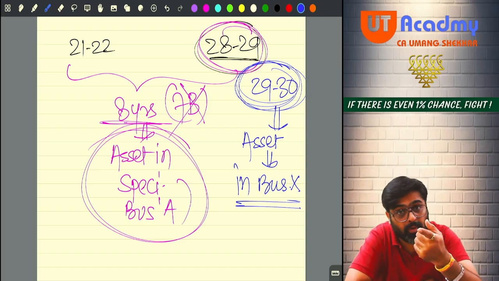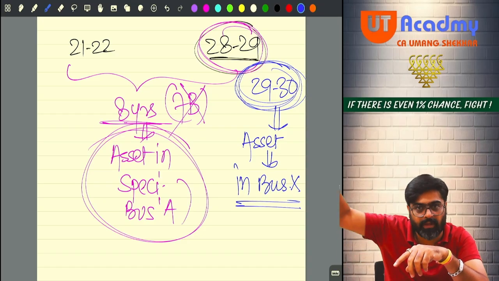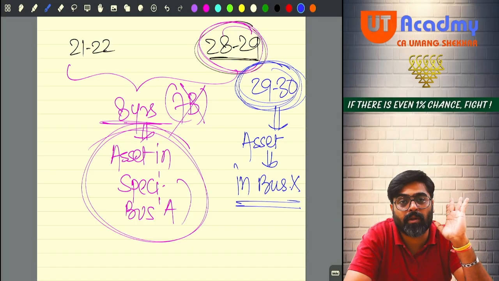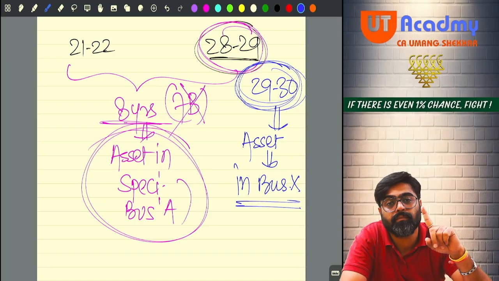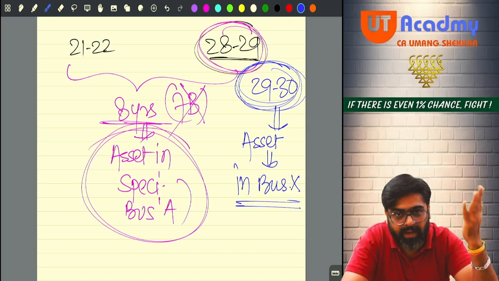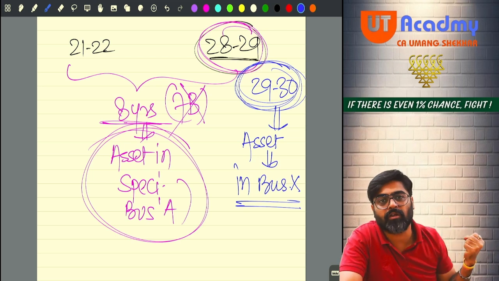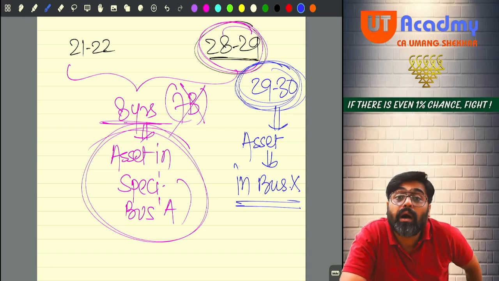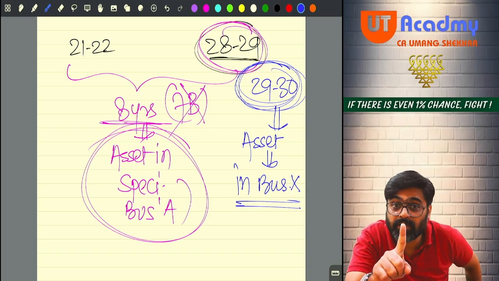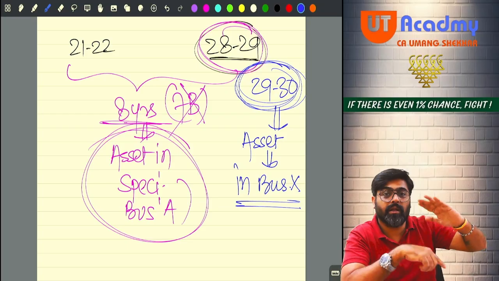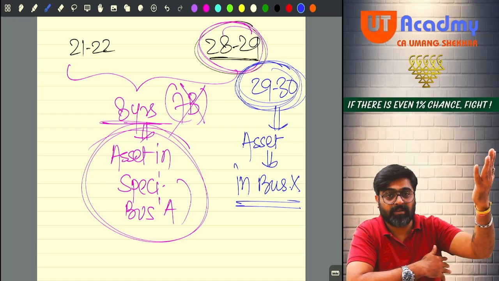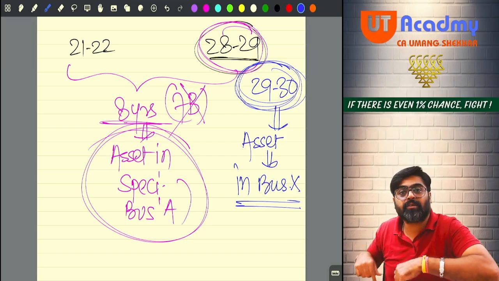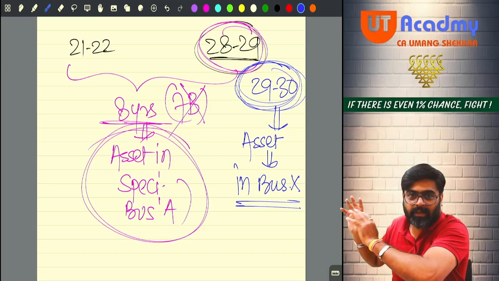If within 8 years, then you broke the promise, and whatever discussion is there, we have already done. But after 8 years, did you break your promise? No. After 8 years only, you are taking the asset out of your specified business, and now you have started using that asset for your other business. Still the asset is with you. Earlier it was in specified business A, now taken out after 8 years. Now that asset is there in your business X.